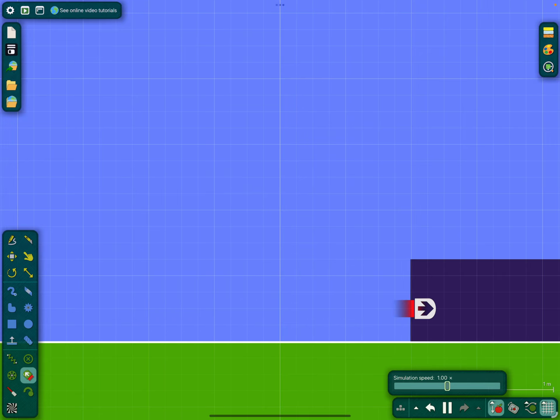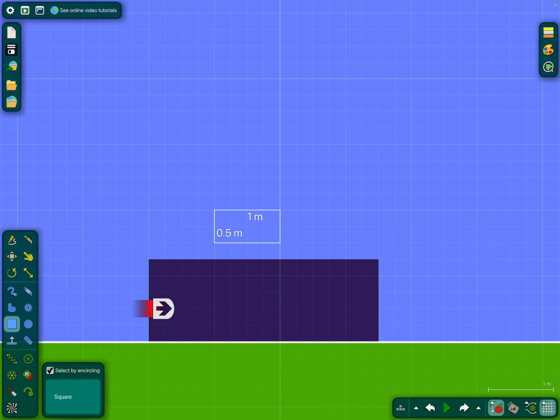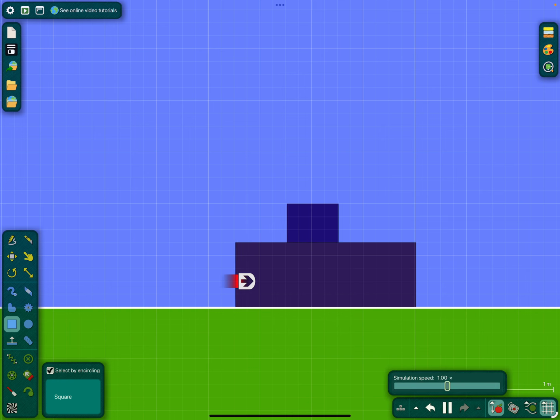Now we're going to put a box on top of it. And the question is, is that box also going to accelerate along with the bottom box here, which is the truck? Yeah, it does.